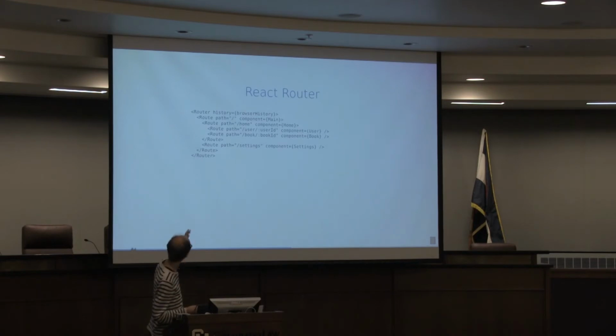So if, for example, we are on /home/user/10, then the main component will match. It will be mounted in the DOM, and inside it will receive children that also match the path, in this case just the home component, and the home component would get the children that match the rest of the path, which is the user. So it will mount this path into the DOM.